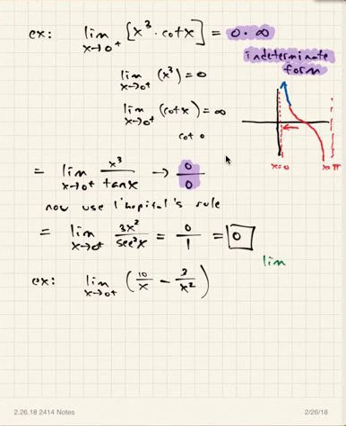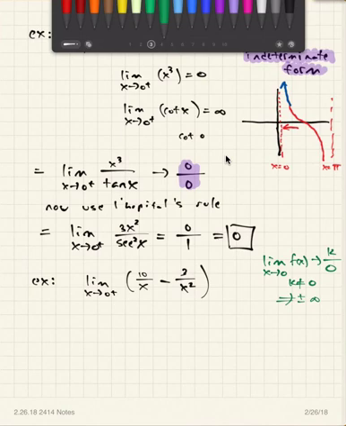If you have the limit as x goes to 0 of some function that approaches a constant over 0, a non-zero constant, I should say, where k is not equal to 0, so if the numerator is going to some constant, the denominator is going to 0, well, that goes to infinity, plus or minus infinity. Depends on the situation.